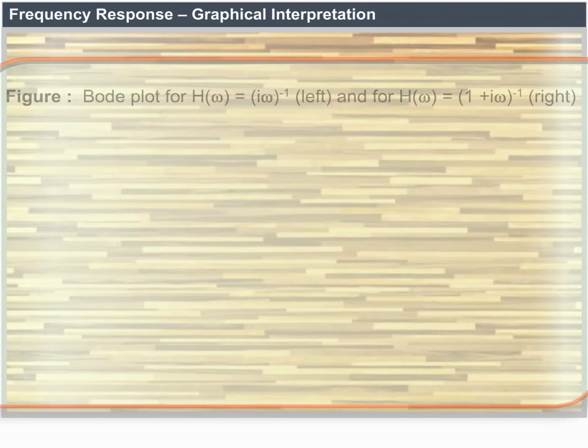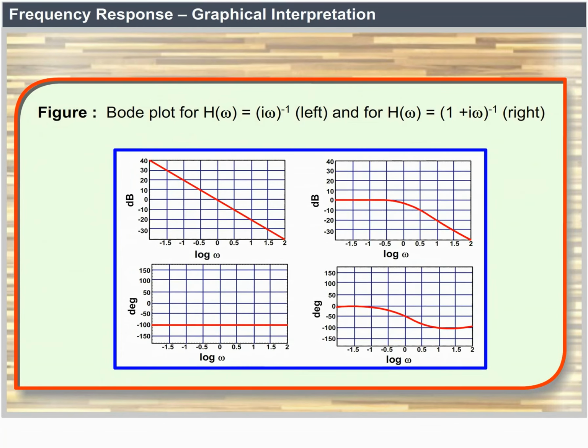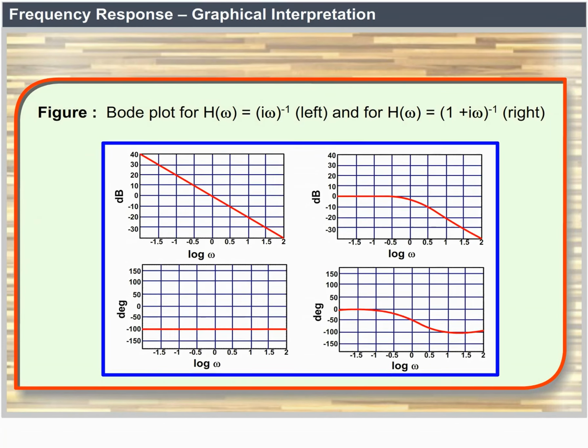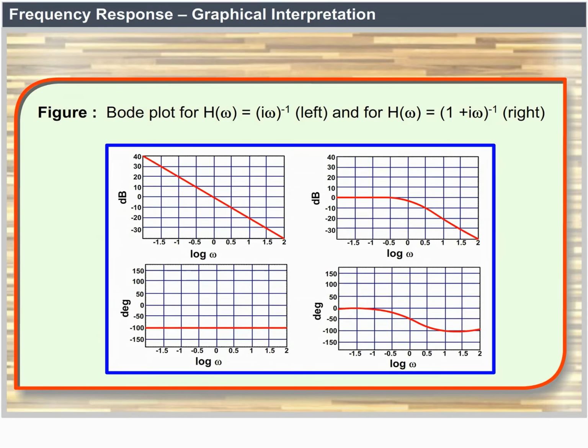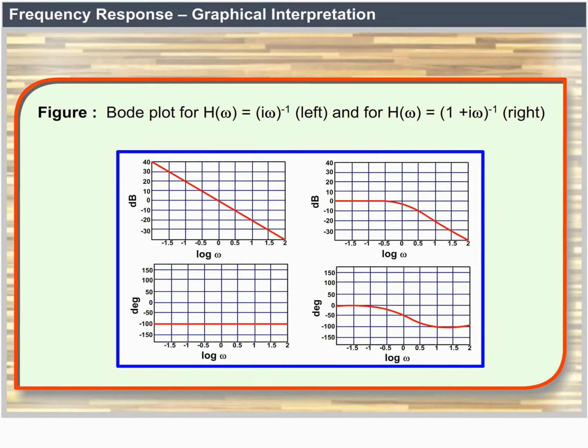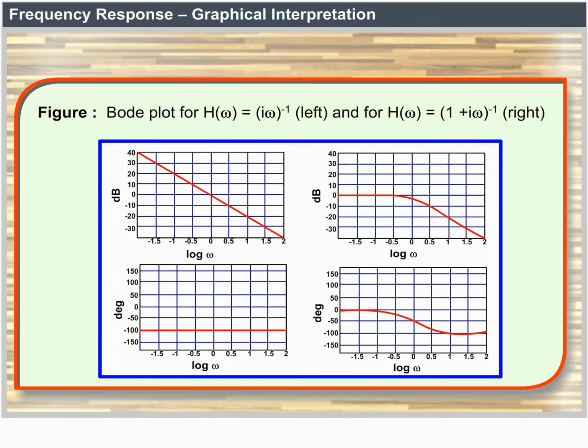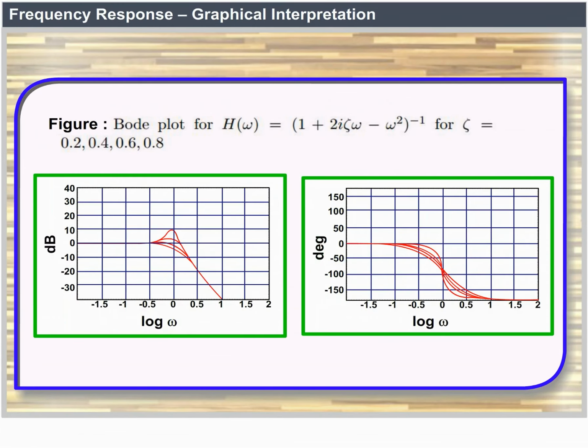Figure: both plots for H of omega equal to (i omega) the whole inverse on the left, and for H of omega equal to (1 plus i omega) the whole inverse on the right. Figure: both plots for H of omega equal to (1 plus 2i zeta omega minus omega squared) to the power minus 1 for zeta equal to 0.2, 0.4, 0.6, 0.8.